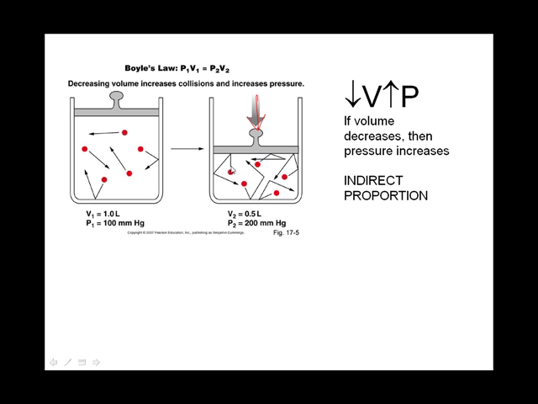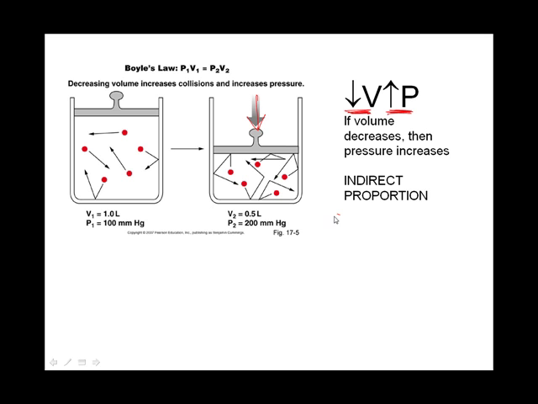The number of particles is the same. However, they're hitting the inner walls of this container more often because there is less space. So over here, as volume decreases, pressure actually increases because they are hitting the inner wall of this container more often.